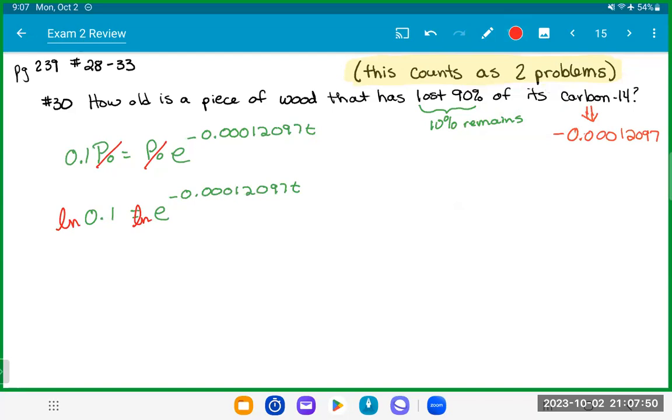When I take the ln of each side, I get the ln of 0.1 is equal to negative 0.00012097 t. Divide both sides by the negative 0.00012097.